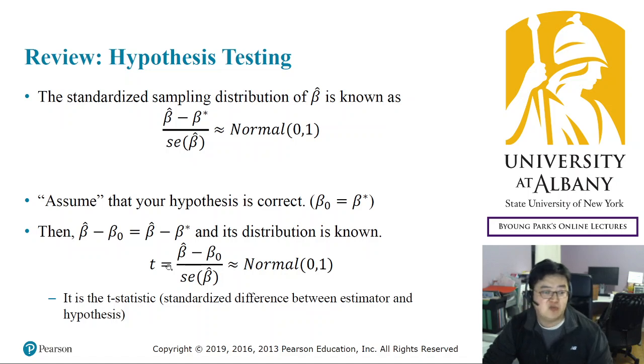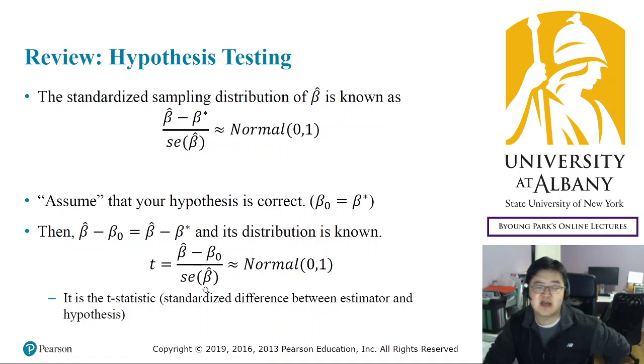So you can interpret this as the standardized difference between the estimator and the hypothesis. You would like to see how different what you believe and what you observe are.